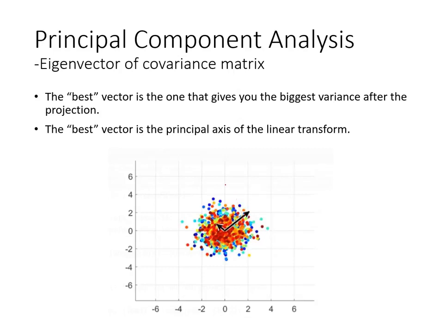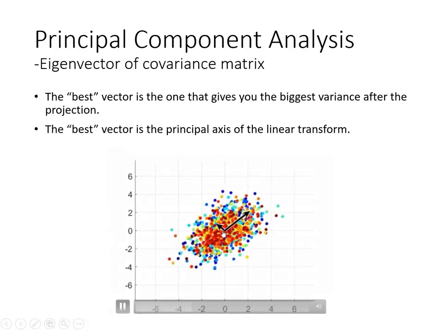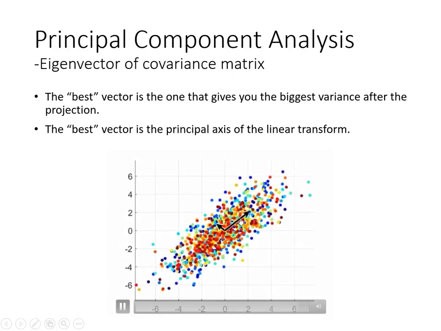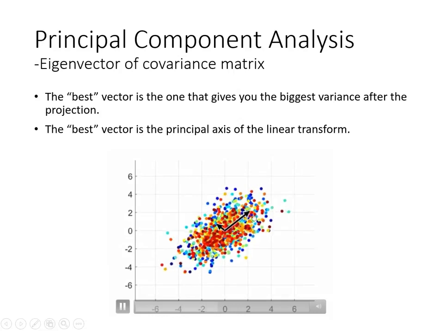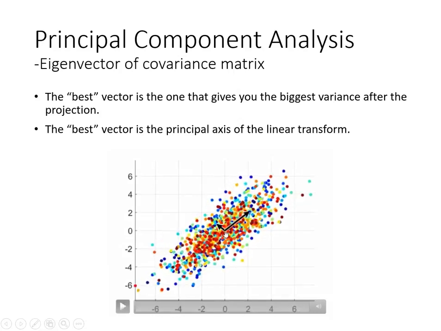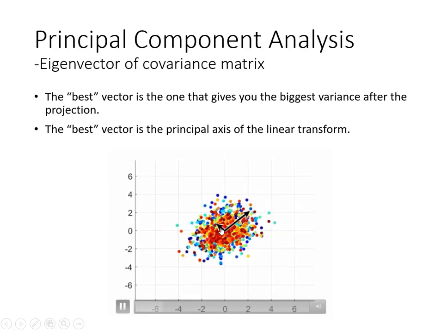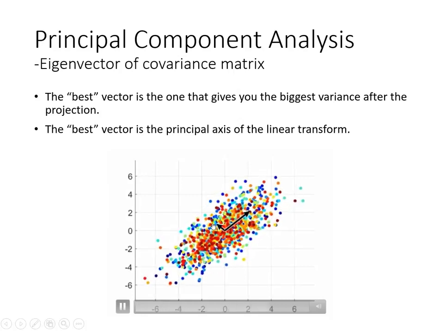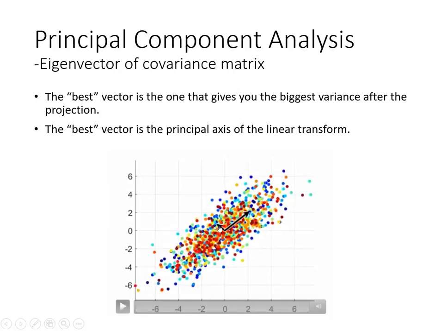Let's see here again. If there's a vector that changed its magnitude but not its direction during this transform, the vector must be on this principal axis, right? Or it could be on this axis, because this direction also does not change.